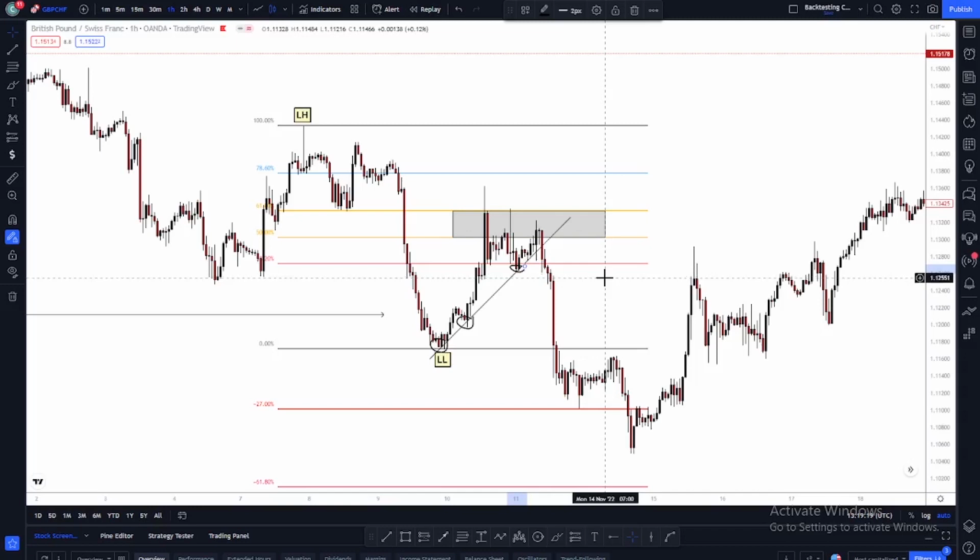What candlestick pattern did price do? A morning star candlestick pattern. First candle was a bullish candle, second candle was this doji, and third candle was this bearish momentum candle, telling us price is about to drop.